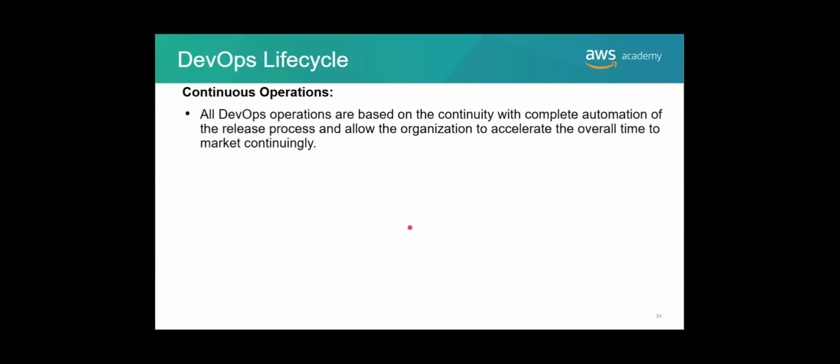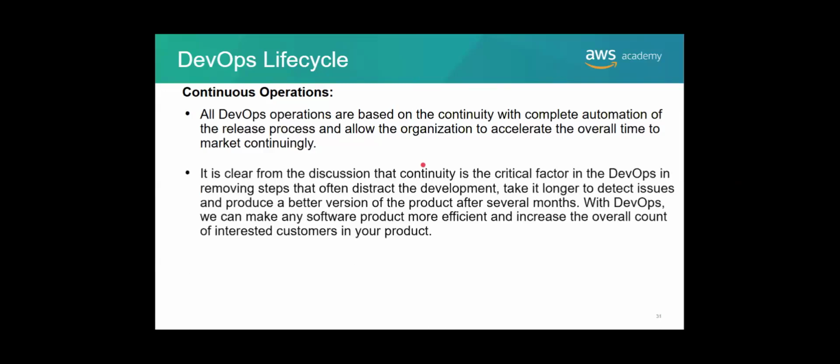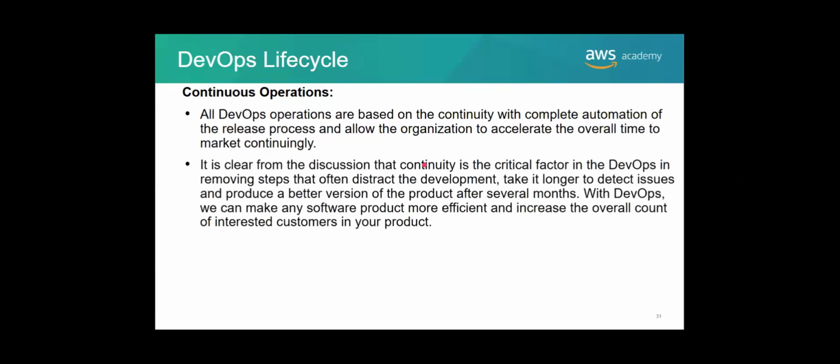Now DevOps operations mainly are about continuity with complete automation of the release process, allowing organizations to accelerate time to market continuously. Continuously we keep on updating the operations. That's what I told you, this example of Zomato and Swiggy. They'll keep on operating, and they will try to reduce.